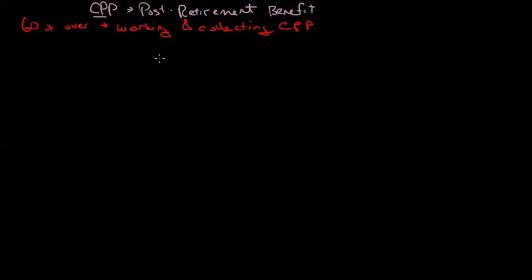Now, this did used to be possible, but it used to be that you would have to have had a period without income in order to do this. The difference now is what happens if you are working and collecting CPP. Between 60 and 64, you must contribute to what's called the post-retirement benefit, which is sort of an augmentation to the CPP.